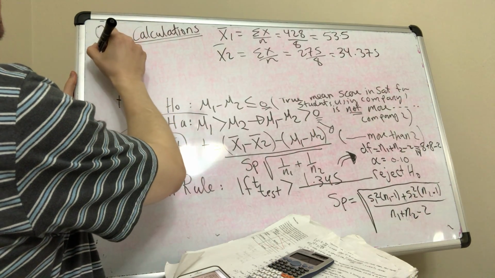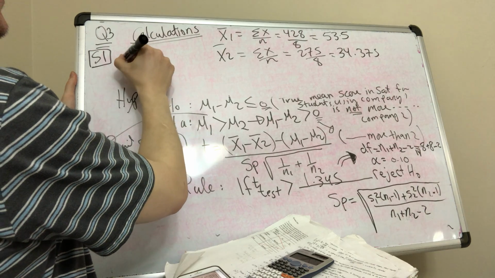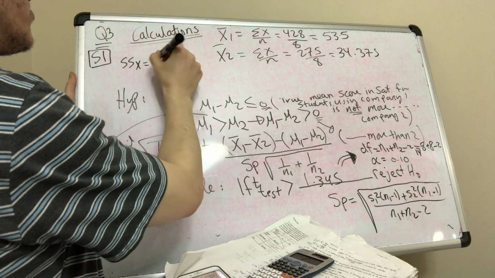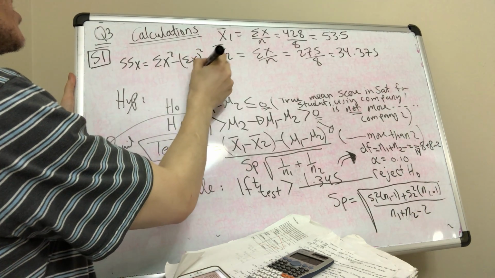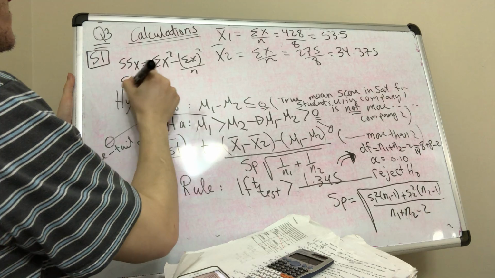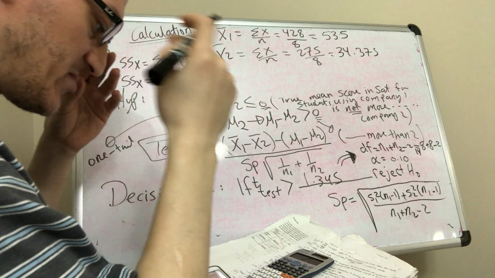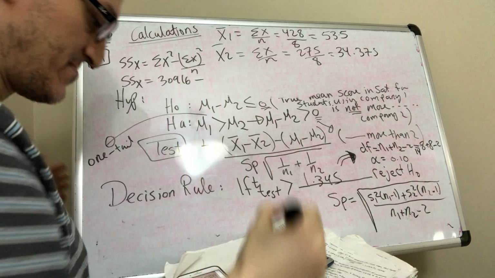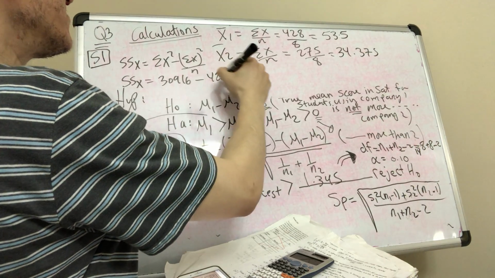So to do the standard deviation for the first company, we find the total variation, which is the sum of x squared minus the sum squared over n. The sum of x squared for the first company is 30916, and the actual sum is 428.